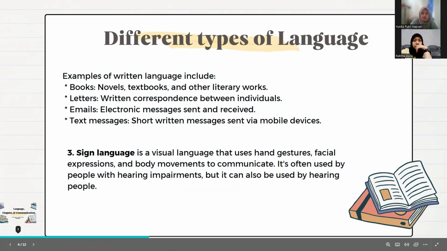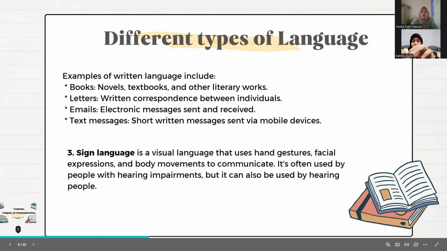And then letters, written correspondence between individuals, emails, electronic messages sent and received, text messages, short written messages sent via mobile device, and the third is sign language.